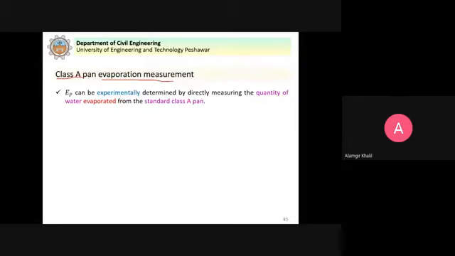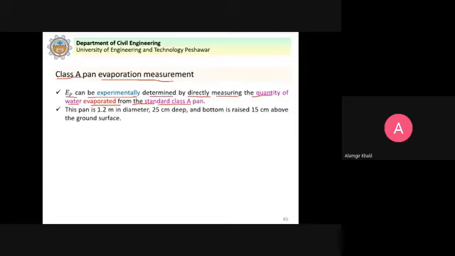Class A pan evaporation measurement. This EP can be experimentally determined by directly measuring the quantity of water evaporated from the standard class A pan.